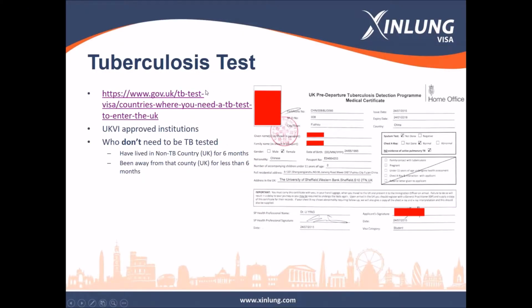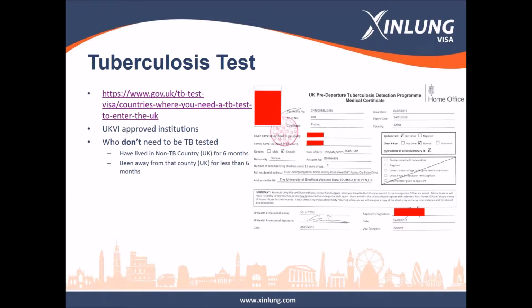And the TB test is fairly straightforward. I think the best approach is to find the Home Office list of institutions and ring them up to say, I would like to do a TB test.